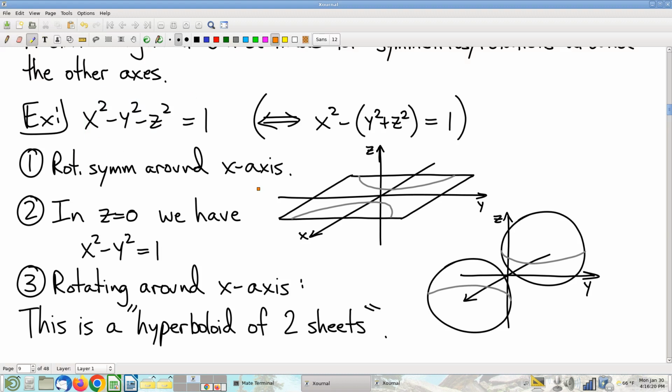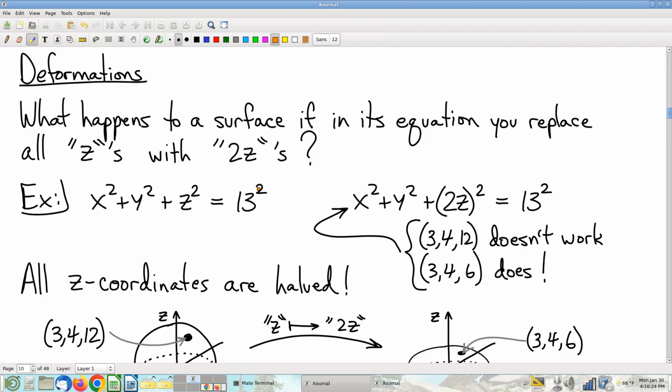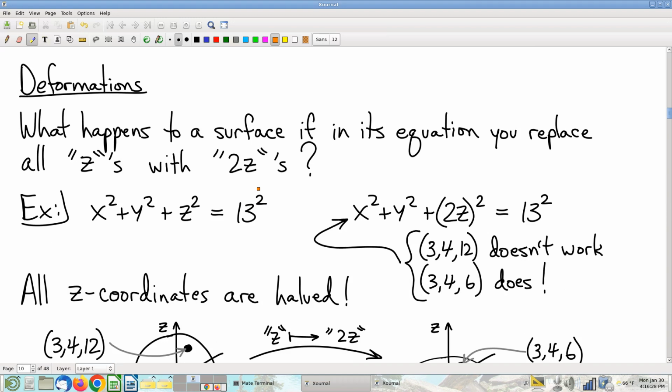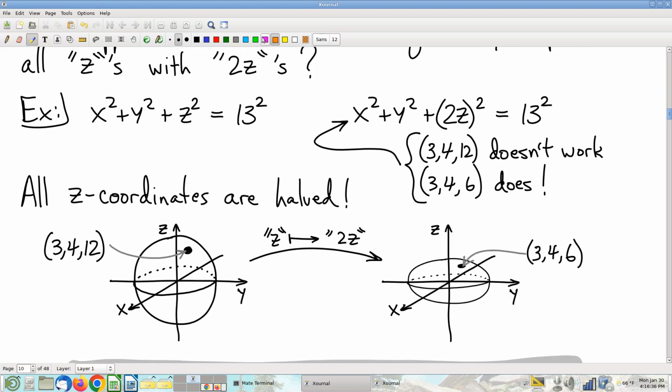Okay, so various different kinds of results that we can get there. And I'm going to move it along now to what I call deformations. So sometimes, as in this situation here, let's say I want to understand this equation.